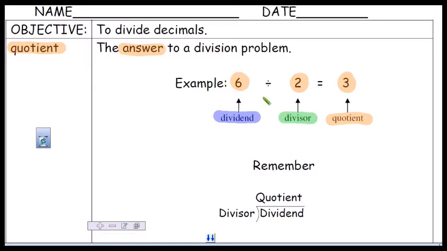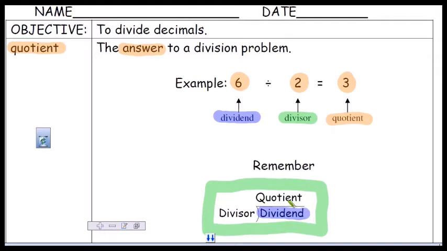Now remember, if they give it to you like this, 6 divided by 2 equals 3, written sideways, side by side, horizontally, you can always turn it into a division problem like you're used to seeing. And this is where each one of those portions go. The dividend, the first number, always goes inside the division bracket.